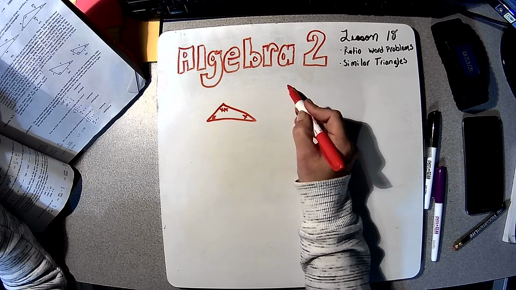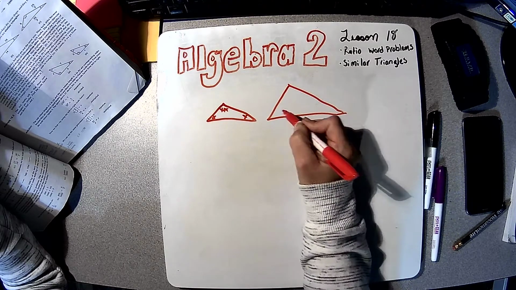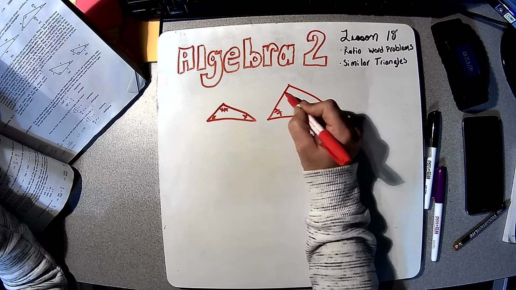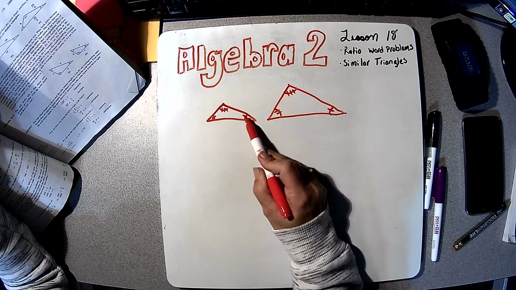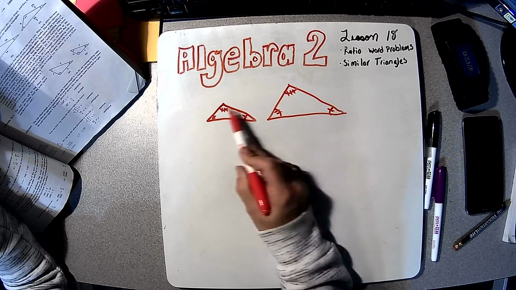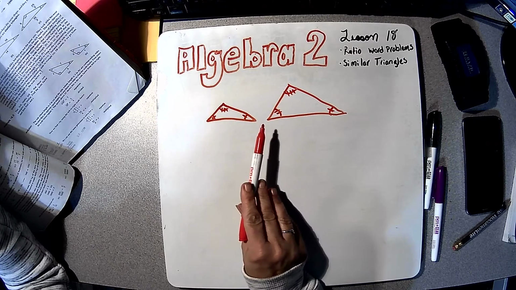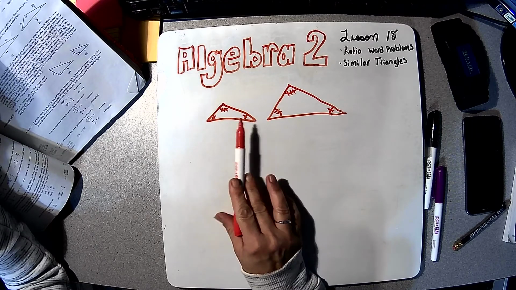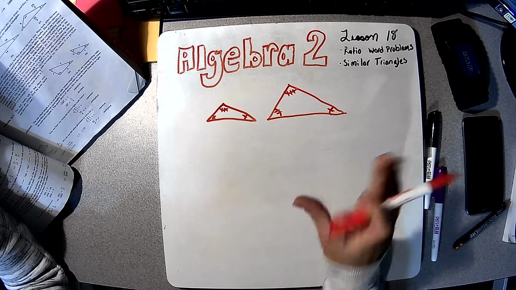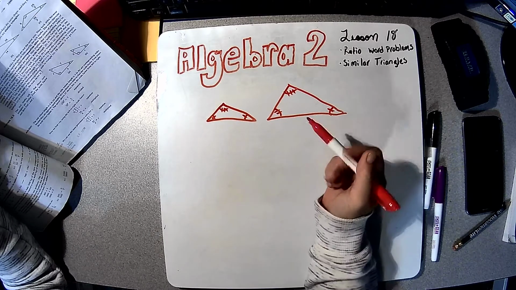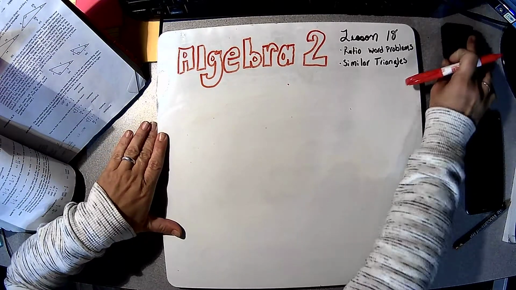And then if we had another one that was bigger, this means this angle is the same as that angle. This angle is the same as that one, and this one is the same as that one. These are called similar triangles. They look the same, they have the same proportions, but they're different sizes. One's been scaled up.